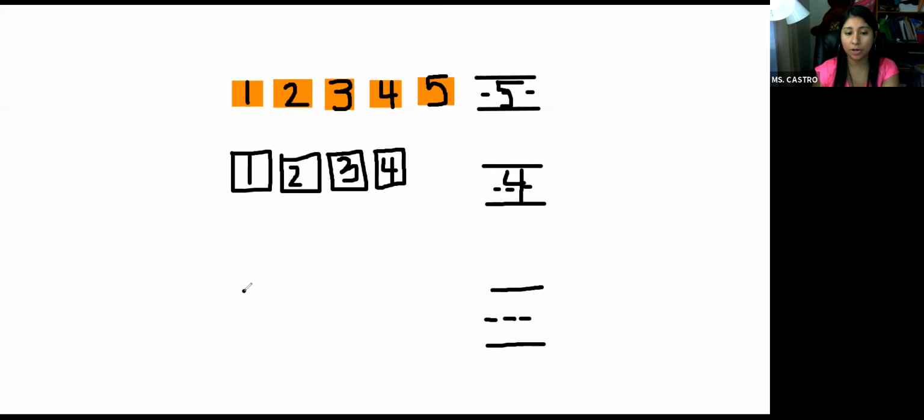So let's go ahead and draw 1 square. Label it with the number 1. And since we have 1 square, that's it. On the line, we have to write the number 1. Okay?